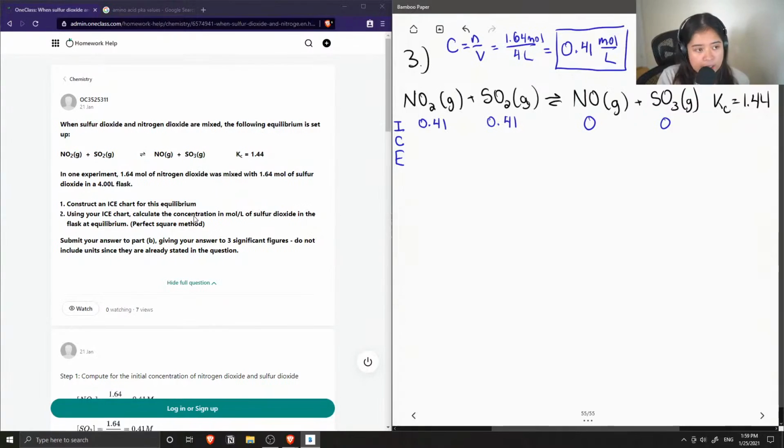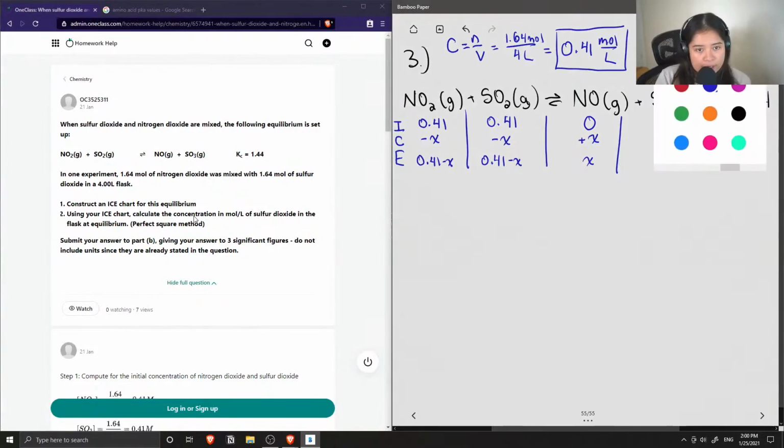So the change that occurs is negative X for both of our reactants, and the change for our products is positive X. So now when we write out the concentrations at equilibrium, we get 0.41 minus X for both of our reactants, and we just get X for both of our products. Okay, so this is the ice table, or the ice chart.